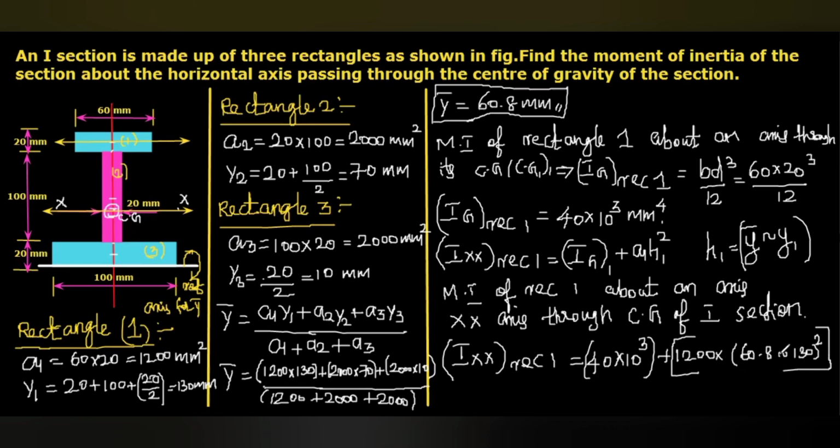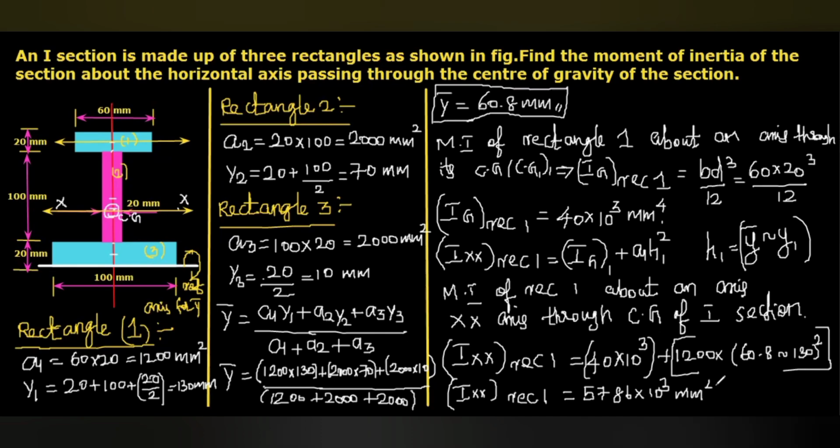Even if you get a minus here, it will become a square, so that will be eliminated. So IXX of the rectangle 1, finally we got 5786 multiplied with 10 power 3 mm power 4.